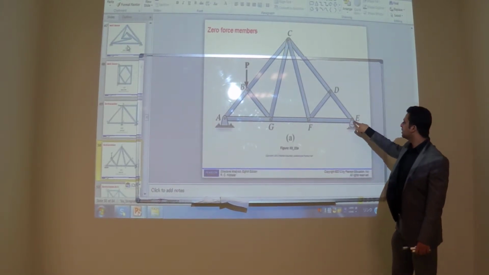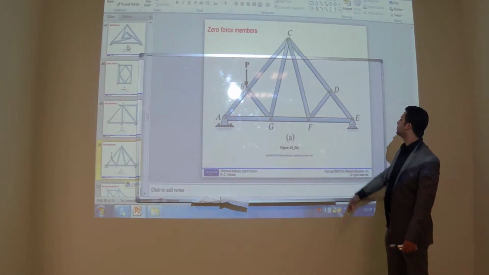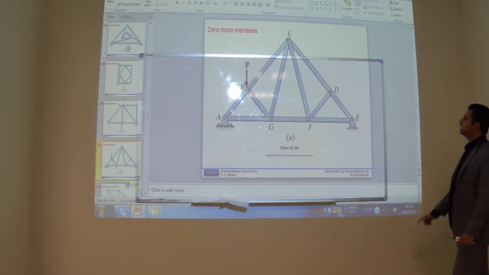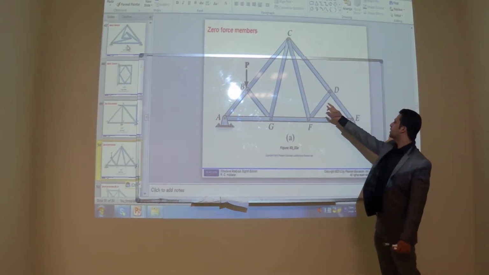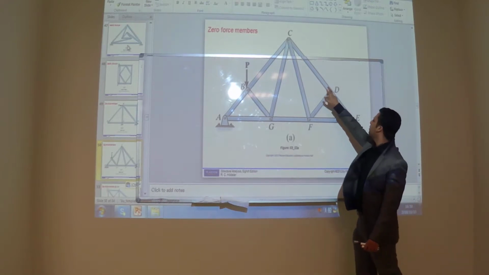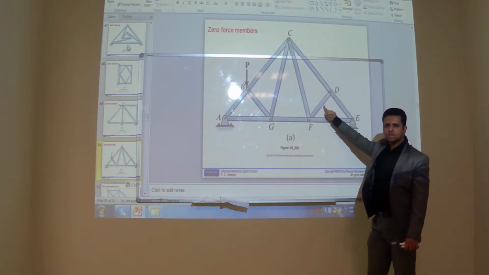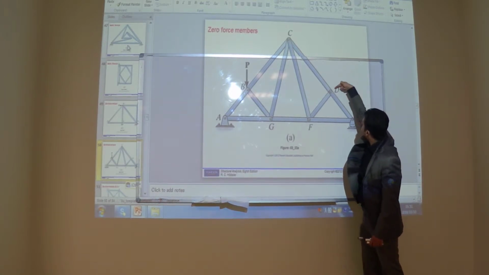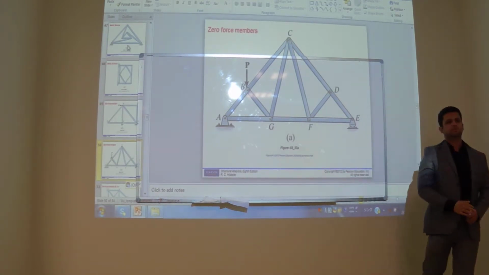Because of this reaction, there will be some force going to this member, and this member also. But what about this member? This member will be a zero force member. The force in this member will be equal to this member, but the force in this member will be zero, because if there is no force like this, it should be zero.